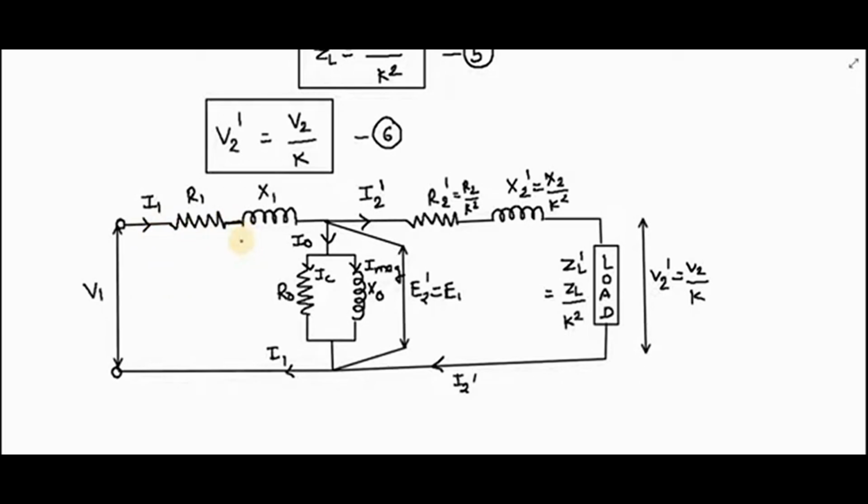So let us draw the approximate equivalent circuit of the transformer referred to the primary side. Let us again draw this circuit by transferring that shunt branch.